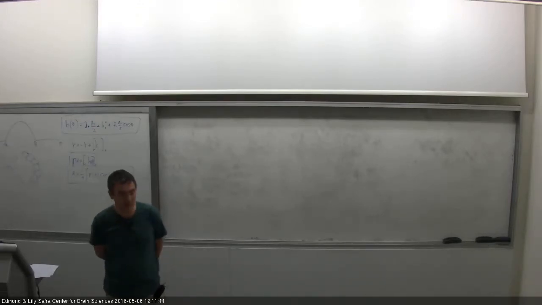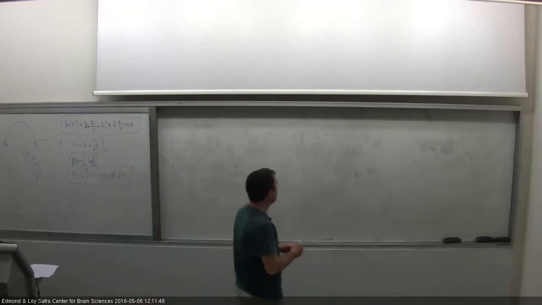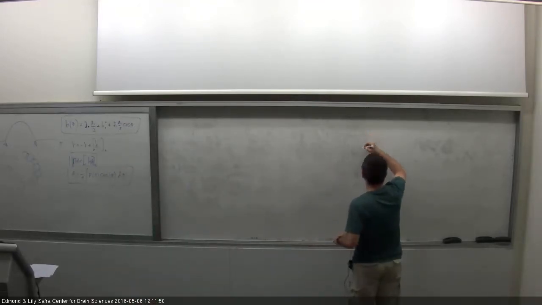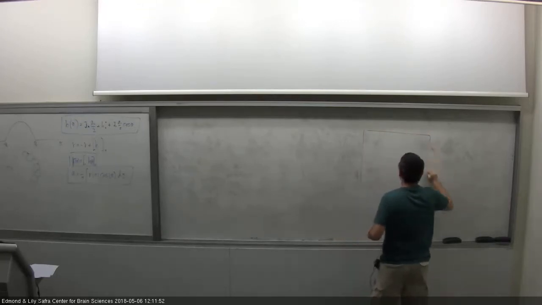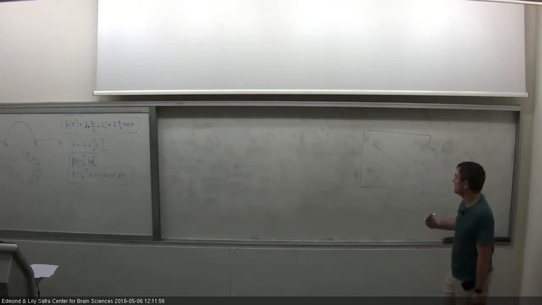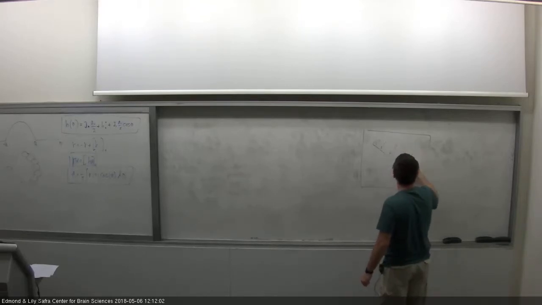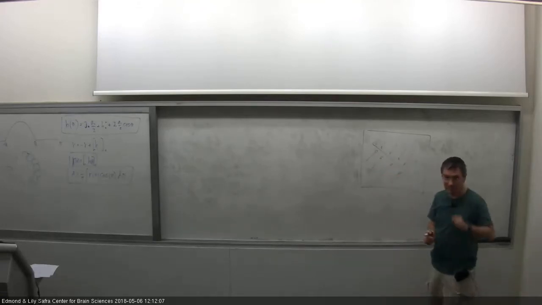Now, thinking more, let's go back to the working memory problem. So let's draw it. Let's say that this is our line attractor. In the idealized line attractor, where everything is finely tuned, the dynamics will go in this direction.